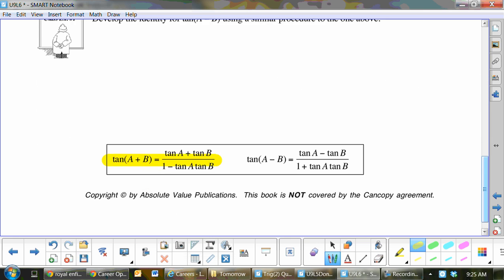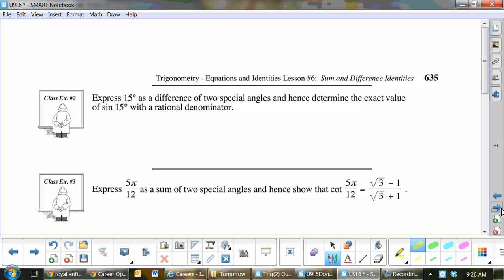So we're not going to go through the algebra of how to solve them. They're on your formula sheet. So you see we're going down it pretty quick now. We got here to here in like 2 days. Okay, and then your tan A minus B. Now, let's do a couple questions so you can see how this works.